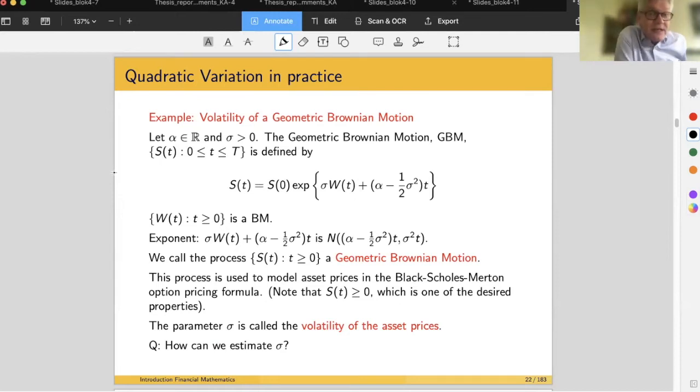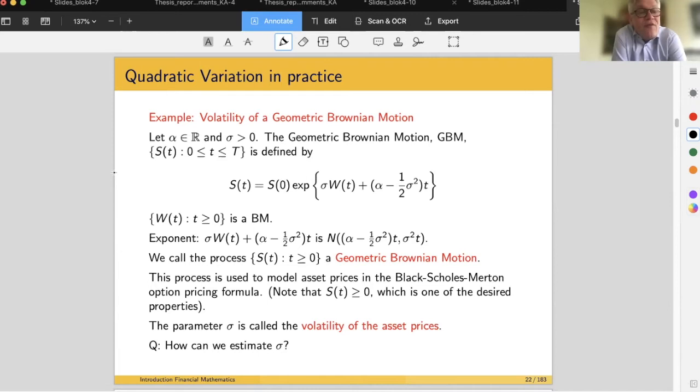It is a basic model, but still it is a stepping stone towards more difficult models. And it is the fundamental model for a famous theory, the Black-Scholes-Merton option pricing theory. So we will see that quadratic variation is connected to estimating the volatility of a geometric Brownian motion.